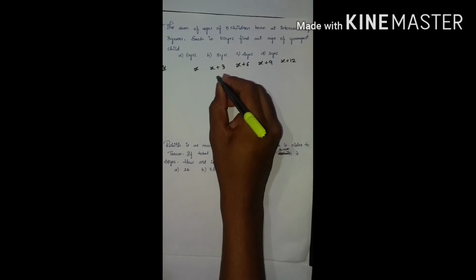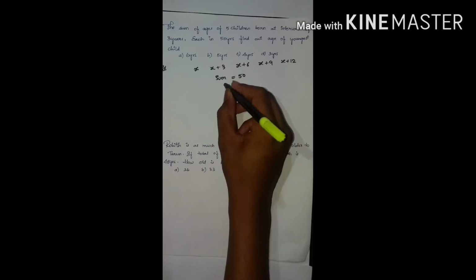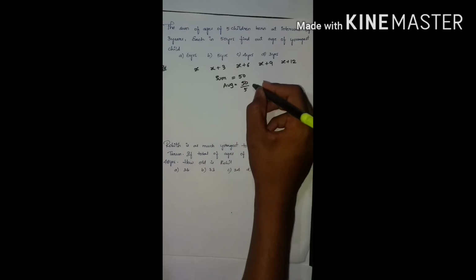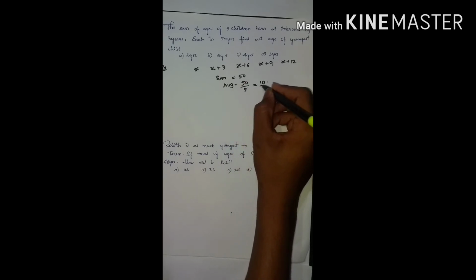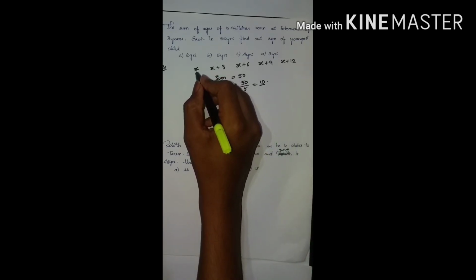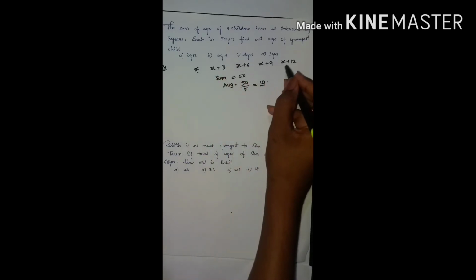As in the question we know that the sum of ages is equal to 50. So we know that average is equal to 50 by 5, which is equal to 10. So this is in arithmetic progression, that is x plus 3, x plus 6, x plus 9, x plus 12.